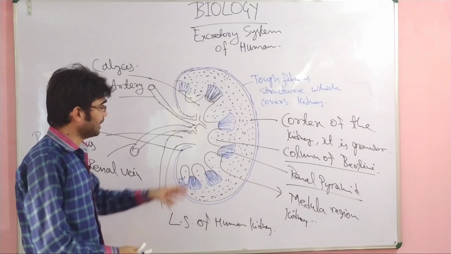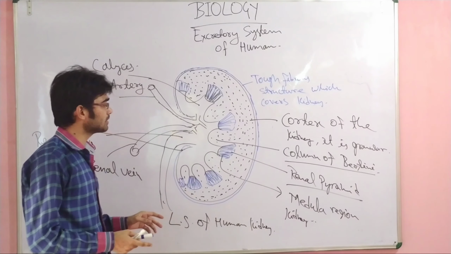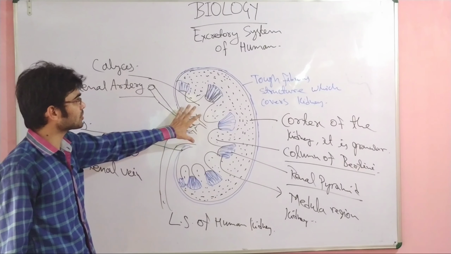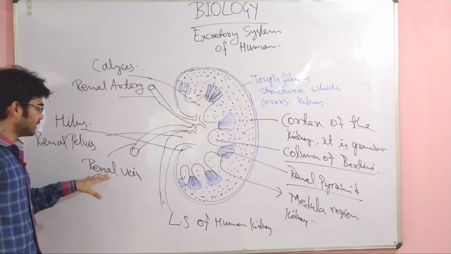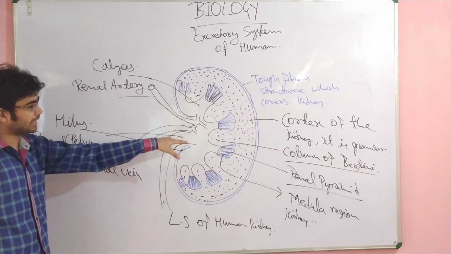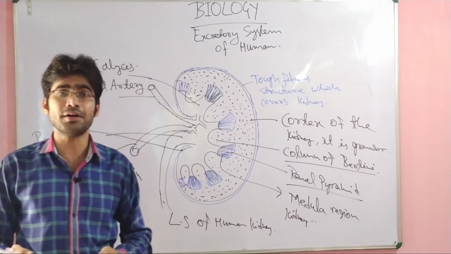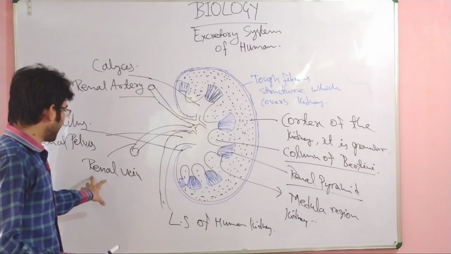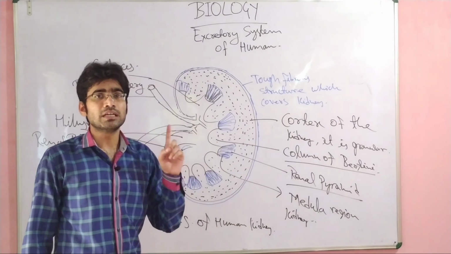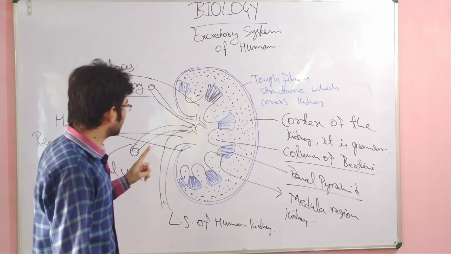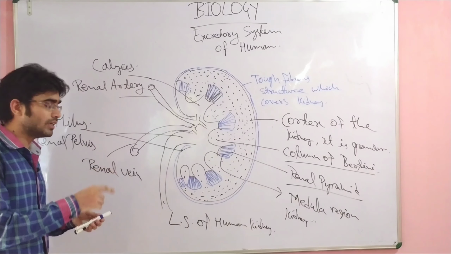Listen, you will find every structure present in humans to be the same in other mammals. I'm going to tell you one thing. The renal vein leaves the kidney containing a small amount of urea. Always remember, the renal vein contains less urea, but the hepatic vein contains the highest concentration of urea, because urea is synthesized in the liver.